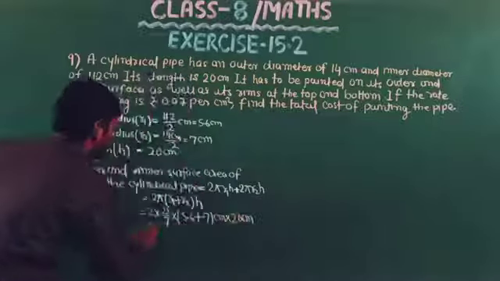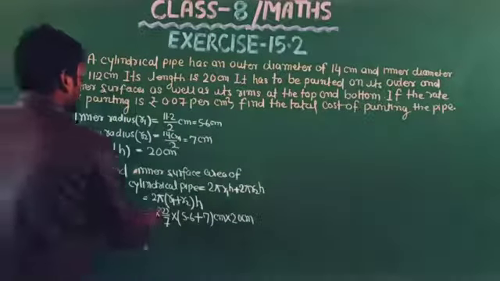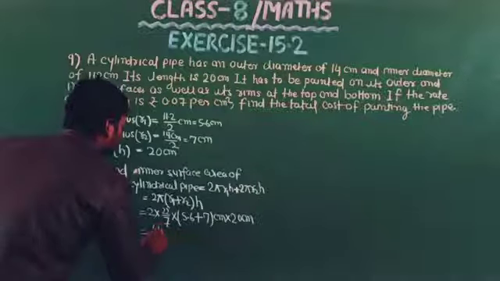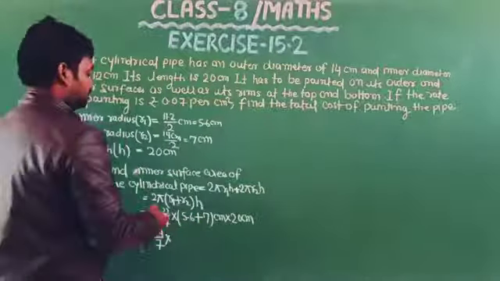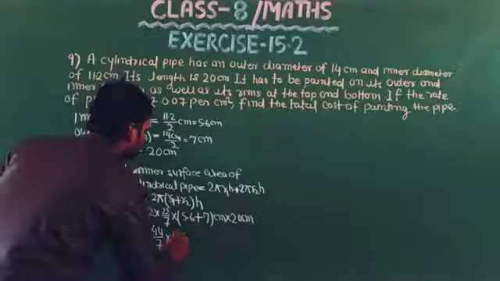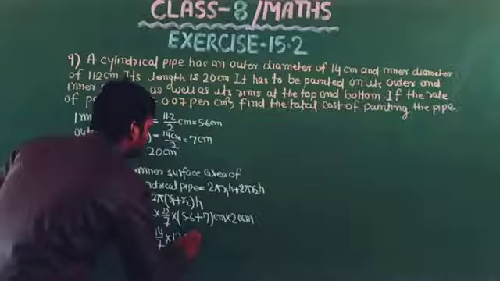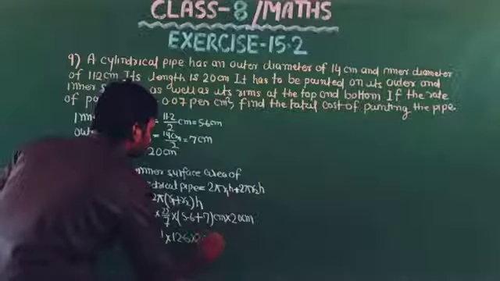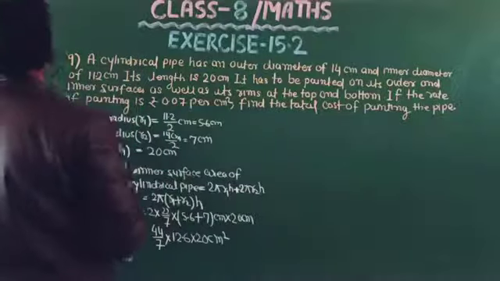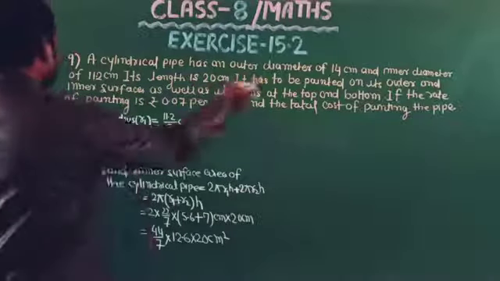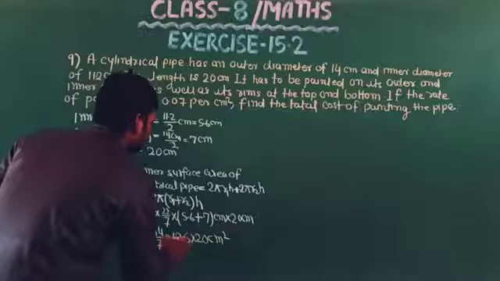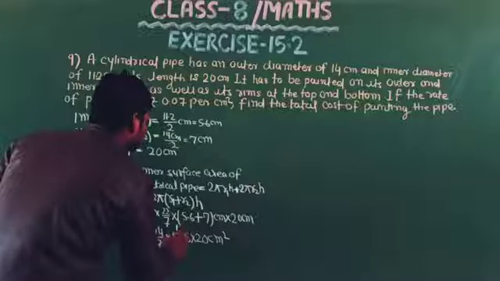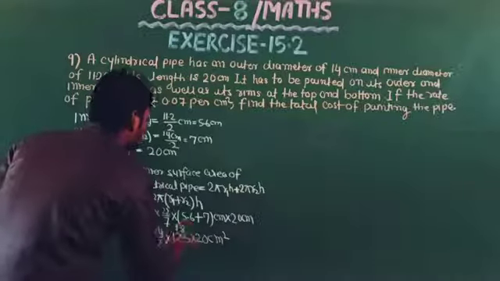So again simplify. This is 2 into 22, 44 by 7, into 5.6 plus 7, so this is 12.6, into 20 centimeter square. Now divide 12.6 by 7, we will get 1.8.